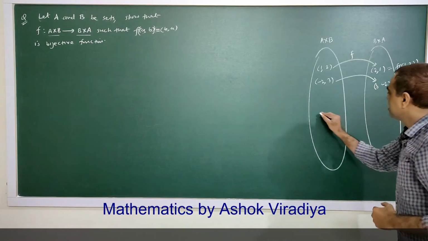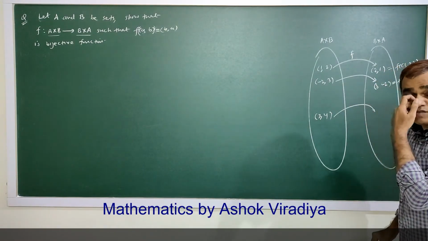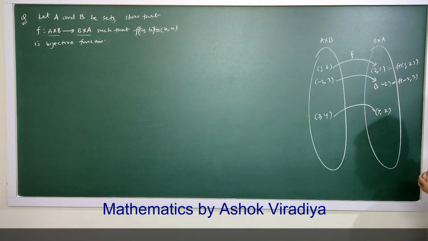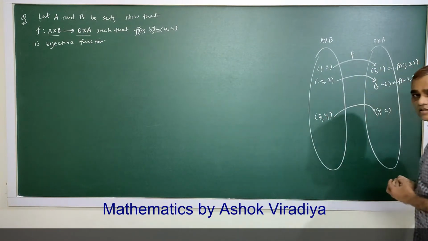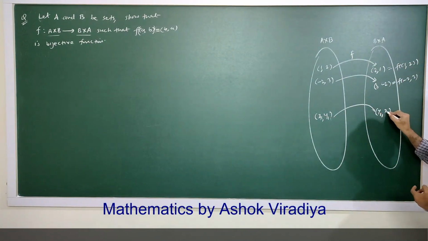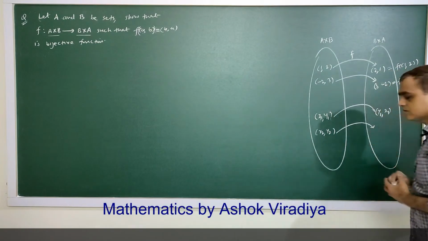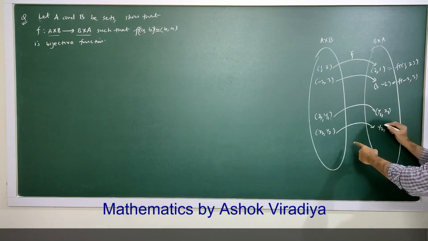In short, if you put here (x, y), the image of (x, y) is (y, x). If you put (x1, y1), then the output is (y1, x1). If you put (x2, y2), then its image is (y2, x2).